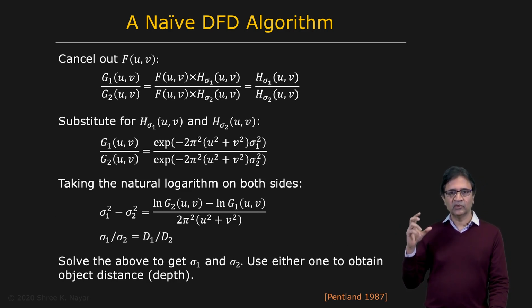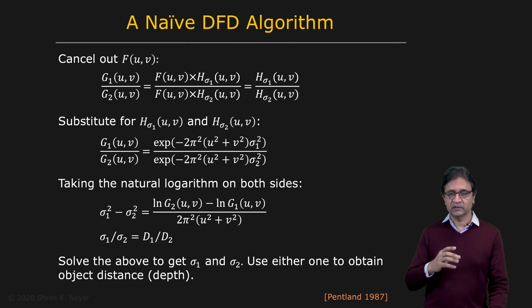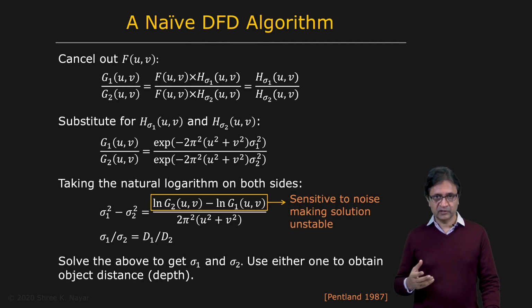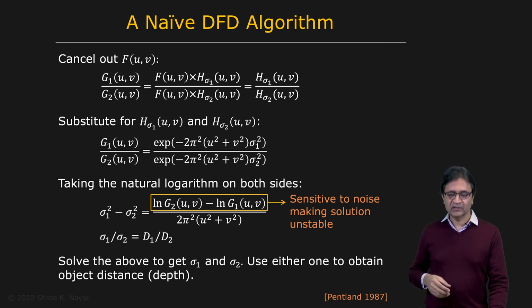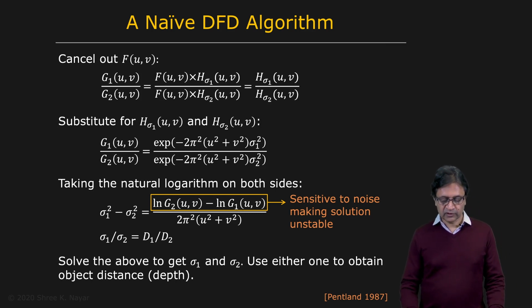And that's because those are the values that are most impacted by defocus. We know that defocus is a low pass filter, so we really need to focus on what's happening to the high frequencies. In doing so, we have to face the fact that high frequencies is exactly where the noise resides in the image. And so that makes this approach somewhat sensitive to noise.